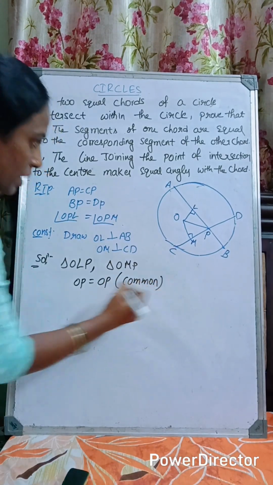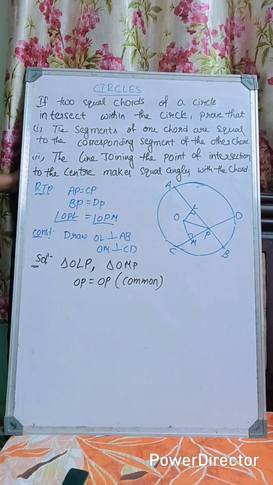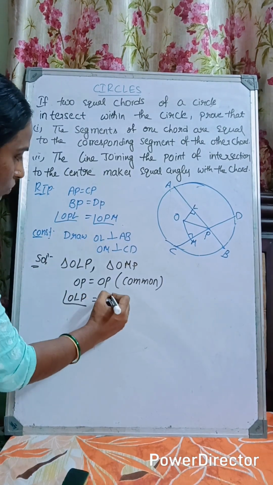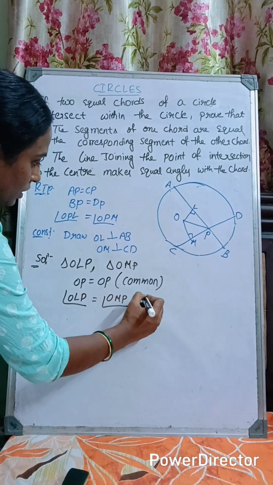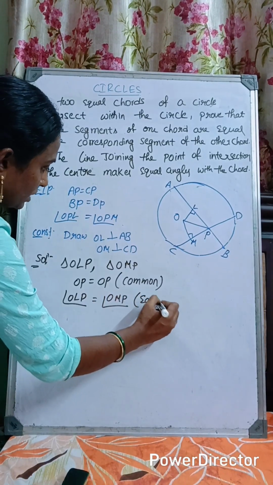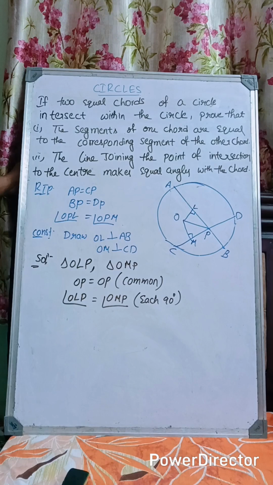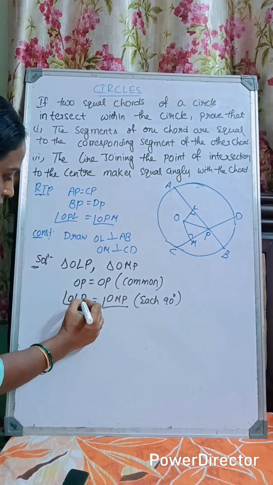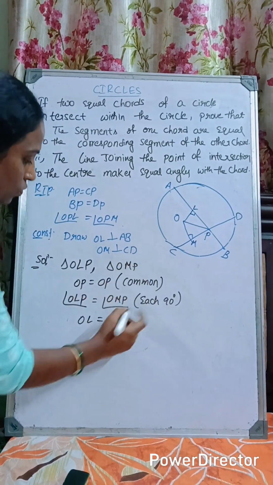It is common. Next one, OLP is equal to OMP, right? Yes. We have taken, that is 90 degrees perpendicular through our construction. Correct? Next one, we can write OL is equal to OM. Correct or not? OL is equal to OM.